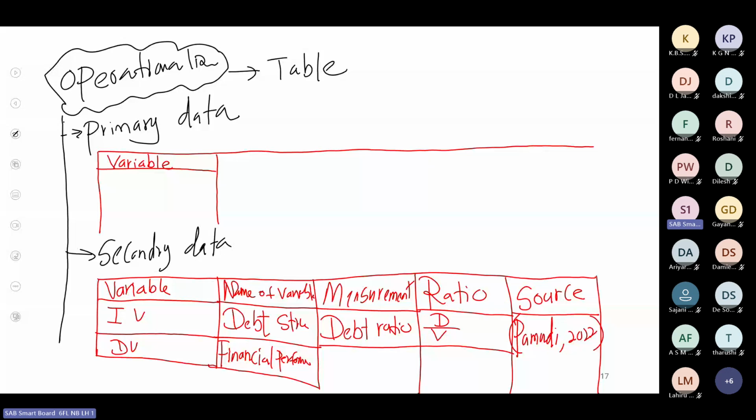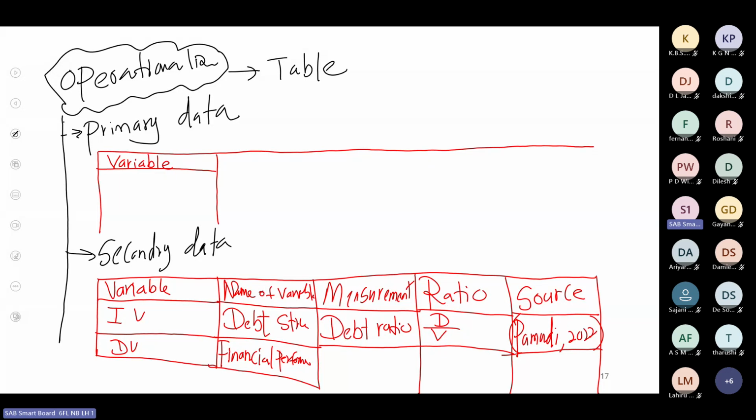If only Pamudi used, or if there is a researcher who used this ratio, you can have that measurement for your research. Unless otherwise, if no one tested, you can't use that measurement in your research. Right? Hope it is crystal clear.